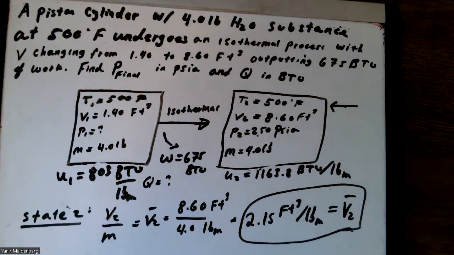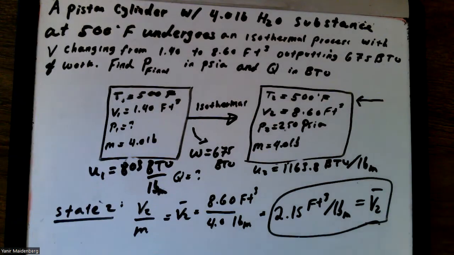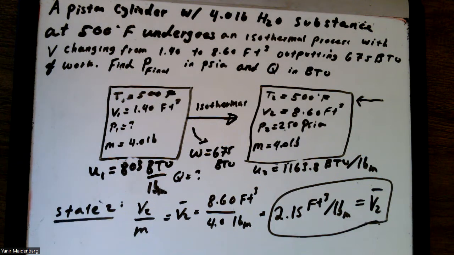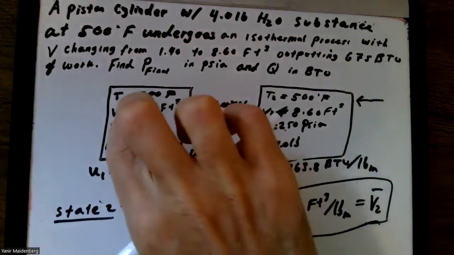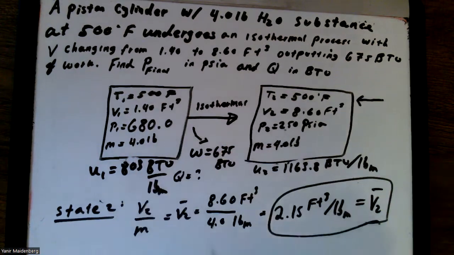Okay, so I wasn't asked for P1, but we got that before, just for completion's sake. It was 680, whatever. It doesn't really matter. We don't need it for the calculations, but here it is.